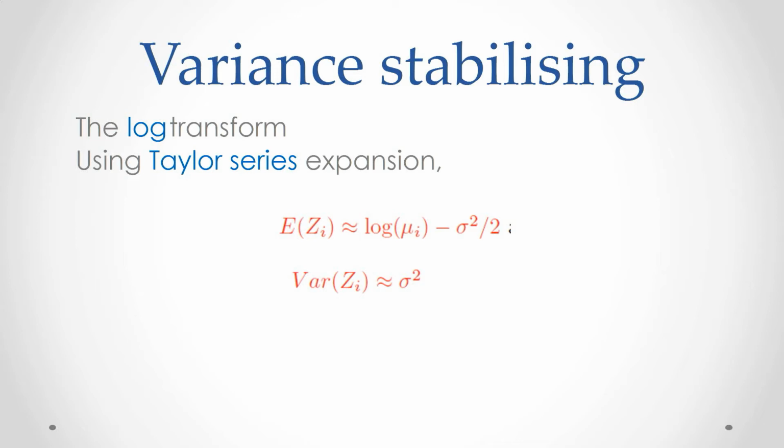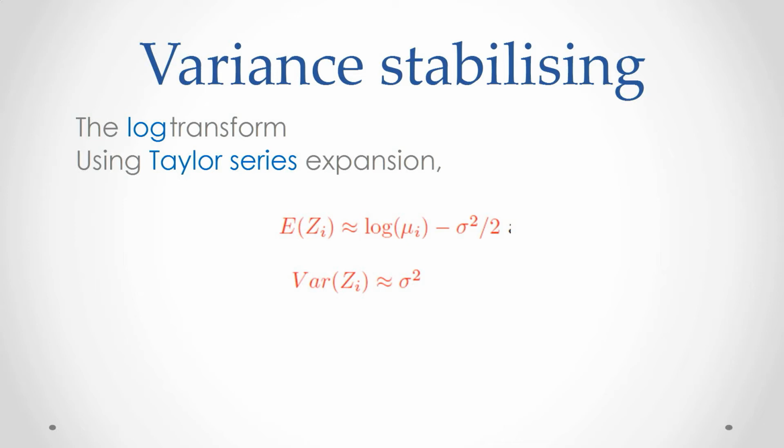Taking expectation, we see that expectation of Zi is approximately log mu i minus half sigma square. According to a first order Taylor expansion, expectation of Zi is approximately log of mu i, which means that it is possible to show that expectation of Zi squared is approximately log mu i whole squared plus sigma squared.